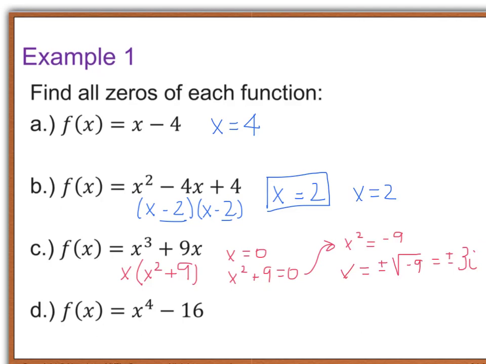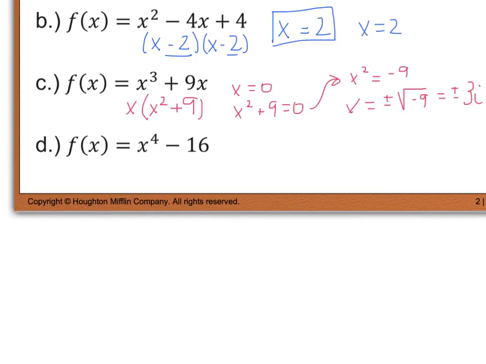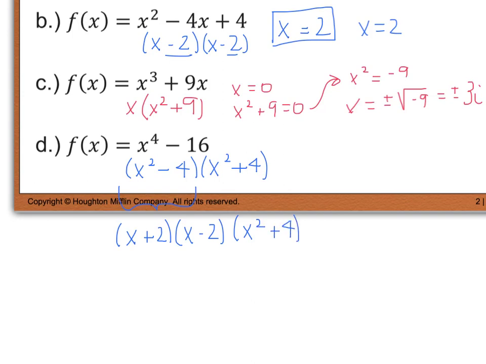And finally, part D says f of x equals x to the fourth minus 16. Well, I really have the difference of two perfect squares, so I'm going to factor that into x squared minus 4 times x squared plus 4. I can rewrite x squared minus 4 into x plus 2 times x minus 2, and I still have my x squared plus 4.